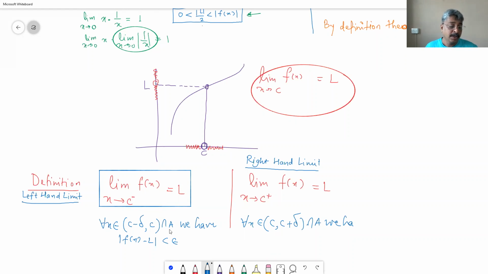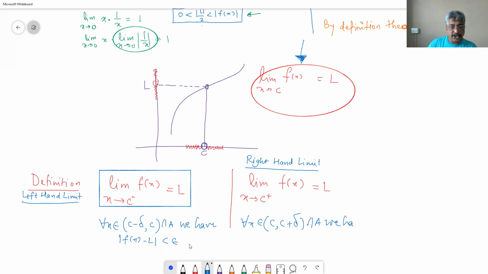That is the left hand limit. The left hand limit and right hand limit together are our old limit. When we say limit only, it means left hand as well as right hand, so it includes both. C is surrounded by both sides, and therefore left hand as well as right hand.